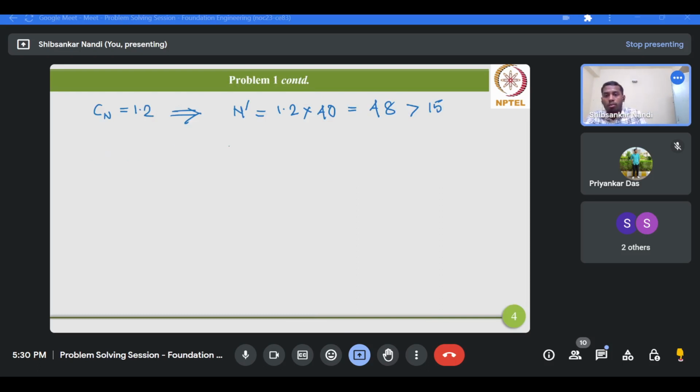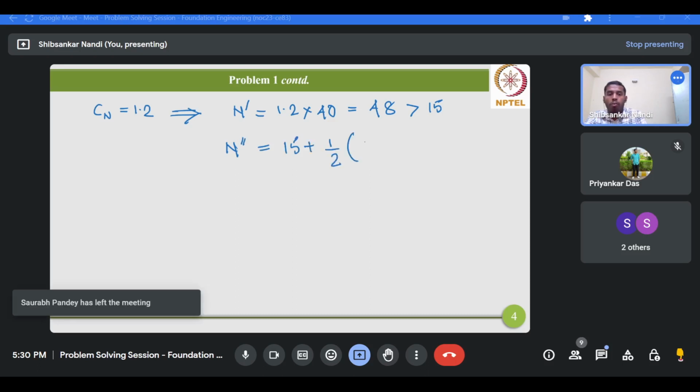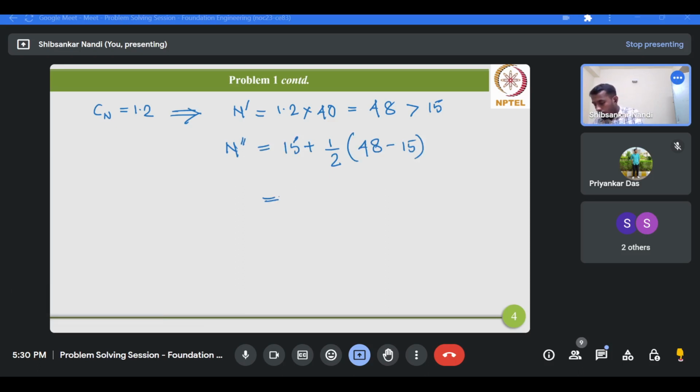So what about the dilatancy correction then? It would be 15 plus half of 48 minus 15. Therefore 15 plus 48 minus 15 means 33, divided by 2. Sorry, I said 23 earlier, it's 33.